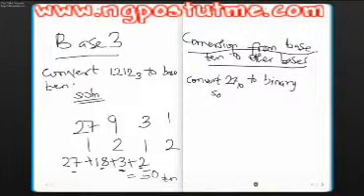The first step is the same thing as the first step in the first part of the class. Now, what base am I going to? That's the first question you ask yourself here. The base I'm going to now is base 2.